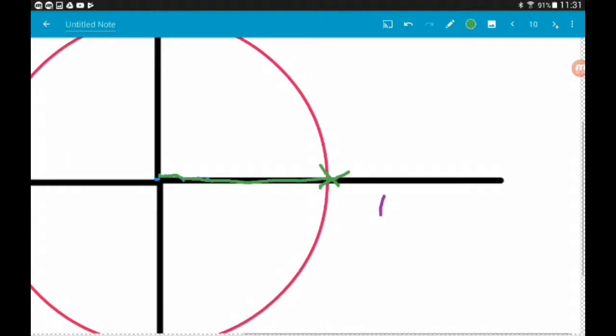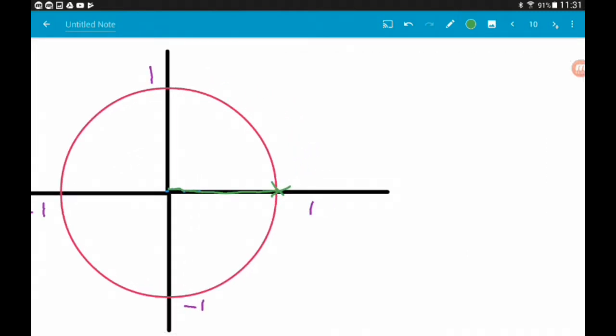So when theta equals 0, the height of our triangle is non-existent. There is no triangle. It's a straight line. So that tells us then, as we know from the graph, sine of theta is equal to 0. Again, because sine of theta is the height of this point above the x-axis. There is no height, so sine of theta is equal to 0.